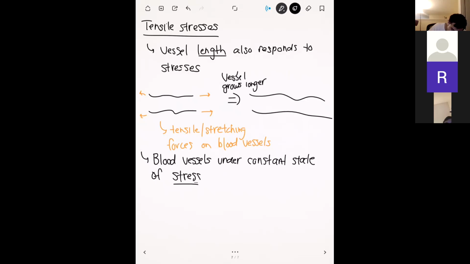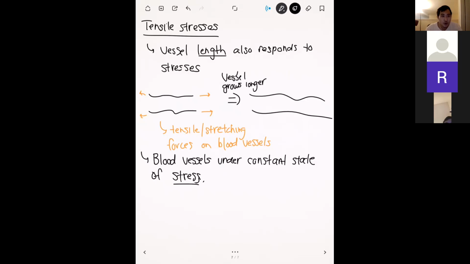Okay. And so actually, if you ever get the opportunity to work with a cadaver, which is basically a dead person that donated their body to science, if you cut out their blood vessels and take one out and put it onto your table, what you'll see is that the blood vessel will actually shrink in on itself and close up, right? And that's because those are the internal stresses that the blood vessel was feeling while that person was alive.